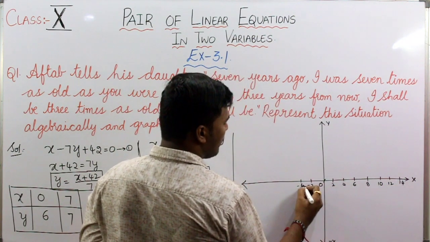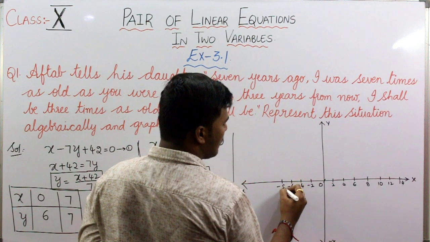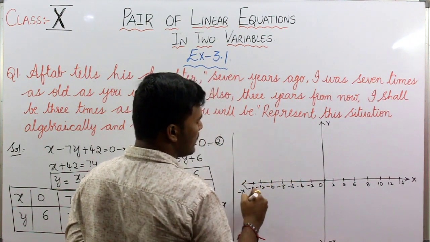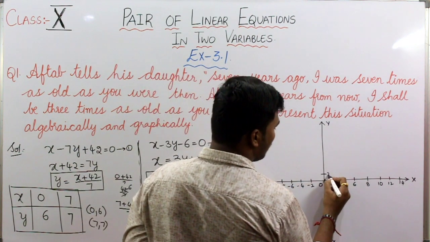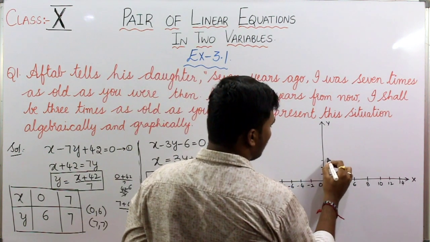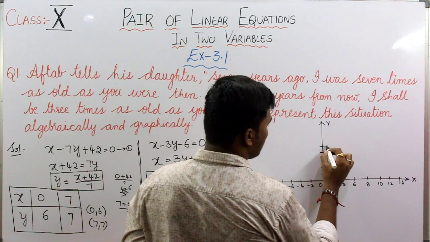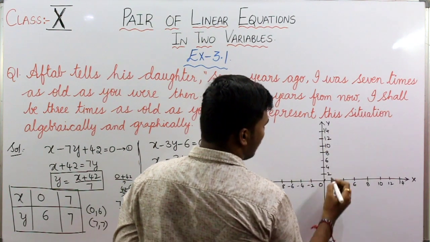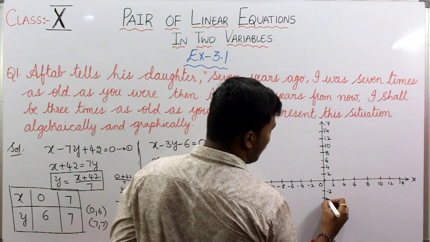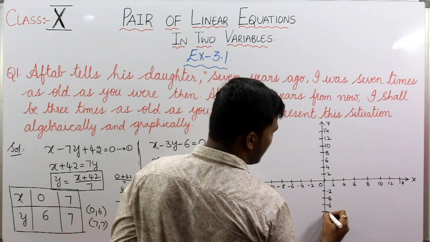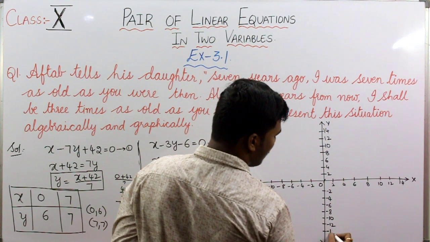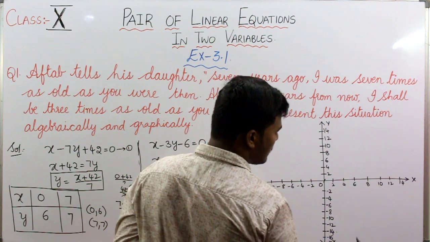Minus 2, minus 4, minus 6, minus 8, minus 10, minus 12, minus 14. And next here 2, 4, 6, 8, 10, 12, 14. Okay, here minus 2, minus 4, minus 6, minus 8, minus 10, minus 12, minus 14, minus 16.